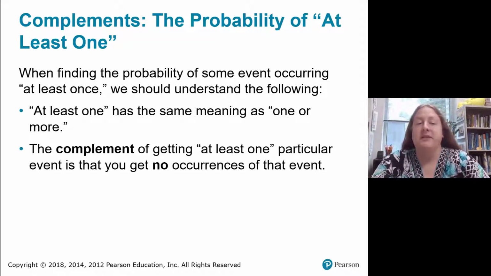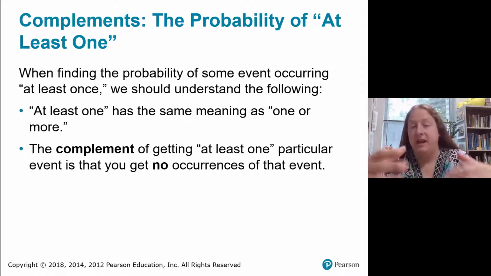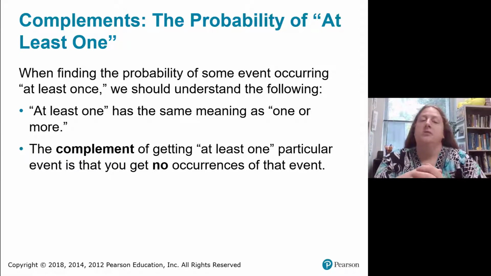So with complements, remember the complement is the opposite of the event. So if we have an event A, its complement is that A does not occur. When we're talking about having at least one of something, what we mean is one or more.